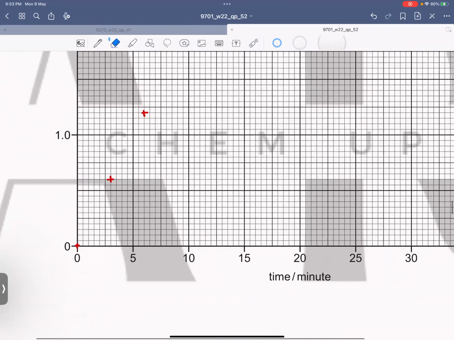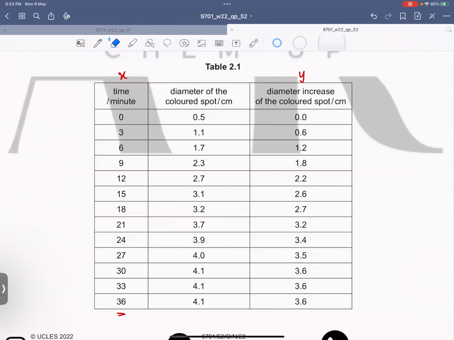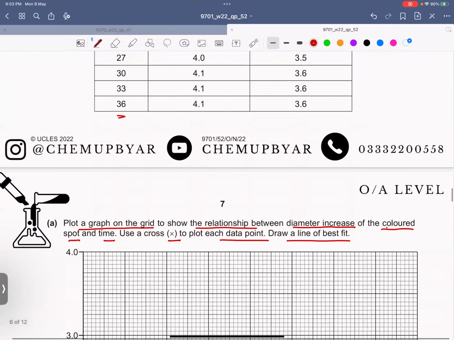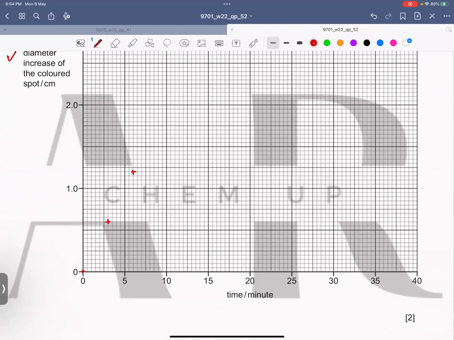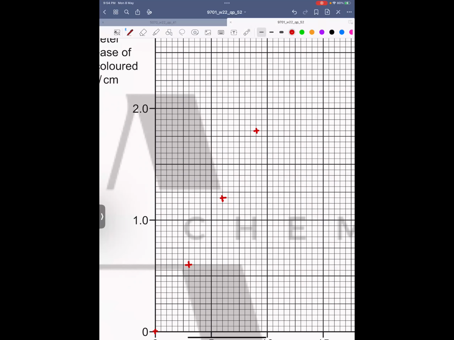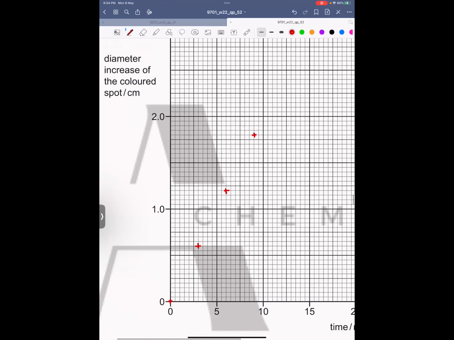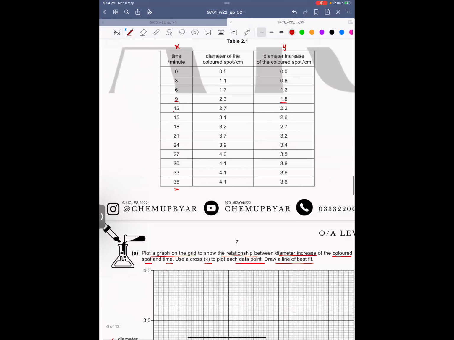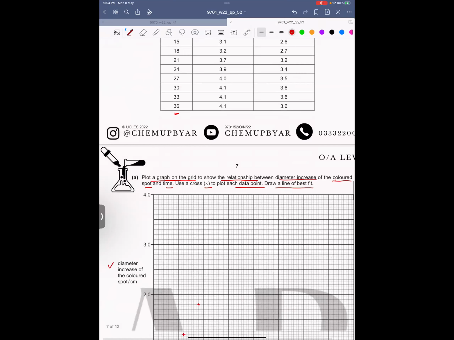Then at 9, 1.8. Okay, let me do this way. Afterwards, 12 and 2.2.